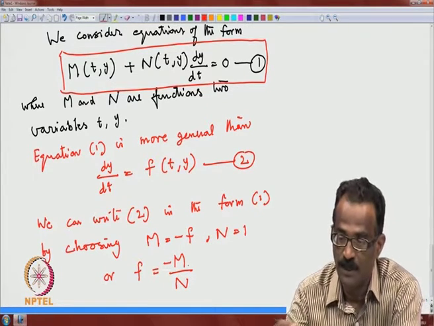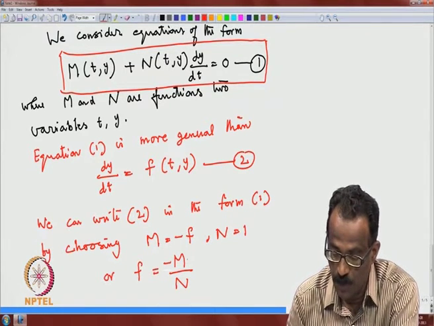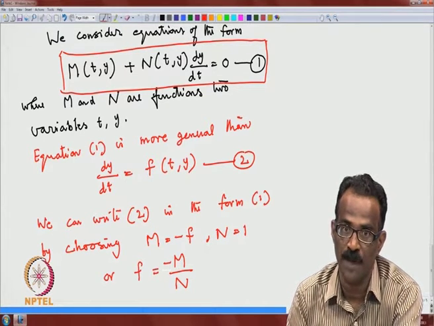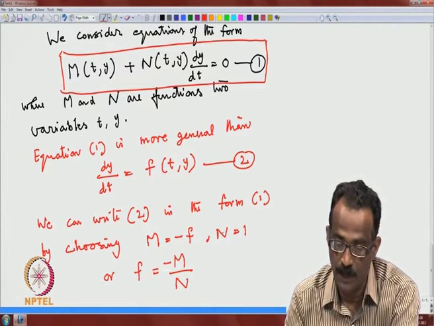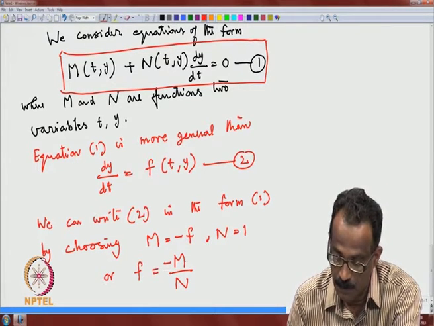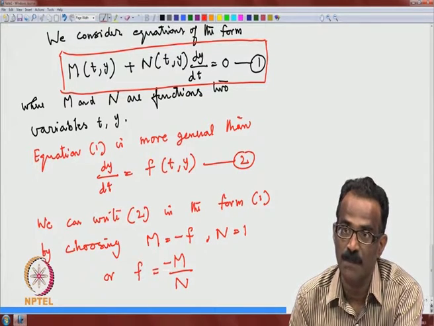But the advantage of choosing equation 1 is that this is one choice of M and N, but you can also multiply by a multiplying factor, the same multiplying factor for M and N, and you get back the same f.